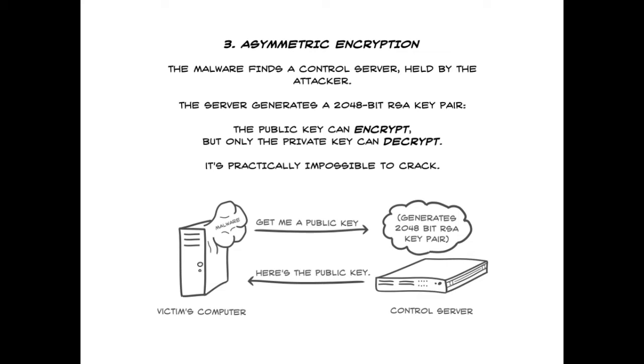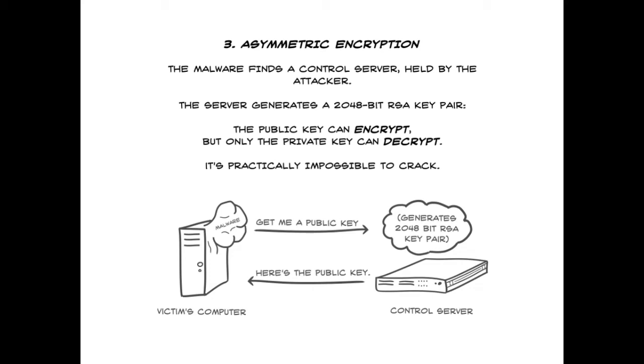So once the malware finds the control server, in whatever country or location it's in, it's going to generate a 2048-bit RSA key pair. That key pair is coming from the control server. The control server sends it over to your computer, and then the key that is sent is actually used to encrypt the files.